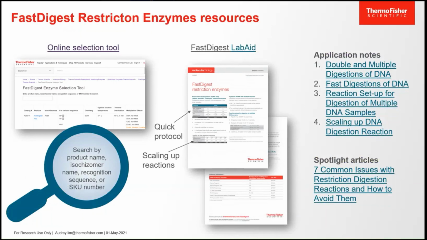Also, we have application notes on multiple digestion, scaling up digestion, and so on. For more knowledge, we also have some articles such as common issues with restriction digestion reactions, and how to avoid them. Okay, so do take a look at our website.